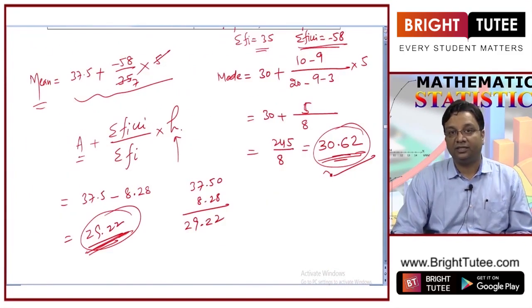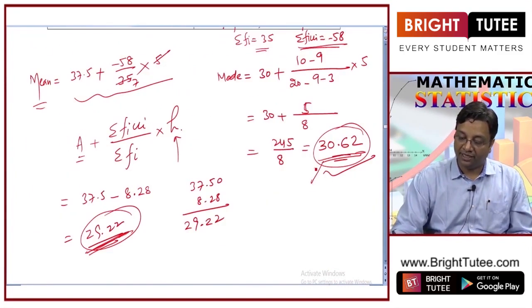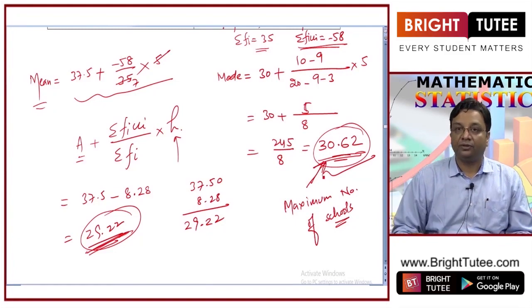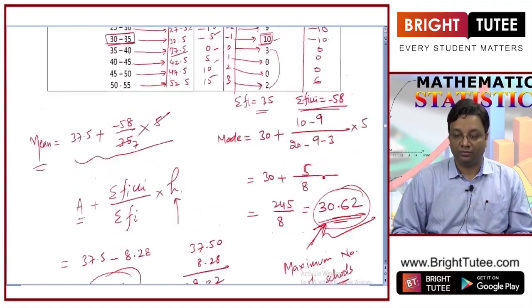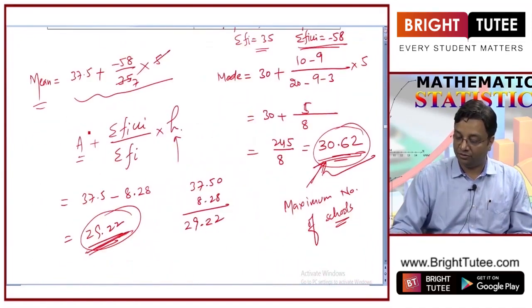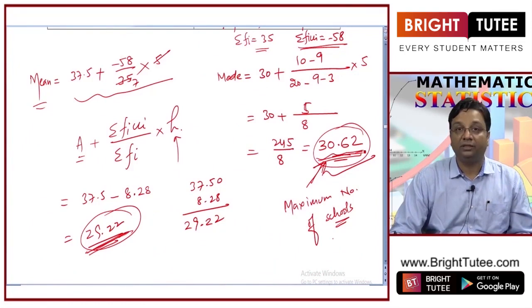So, the interpretation that we can make is that maximum number of schools have student teacher ratio of 30.62, right. So, maximum number of schools in India have teacher student ratio of 30.62.